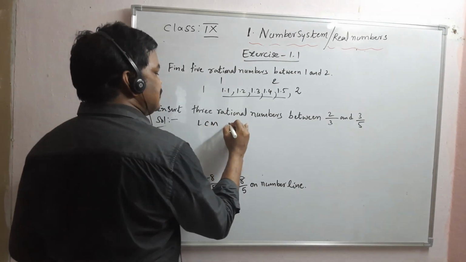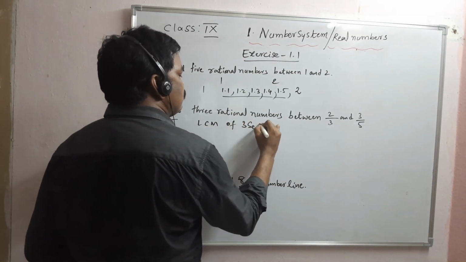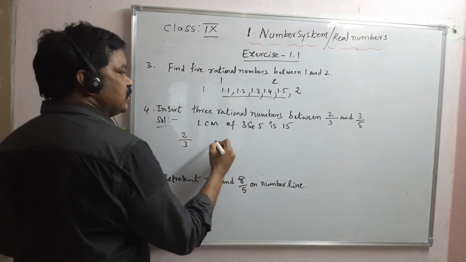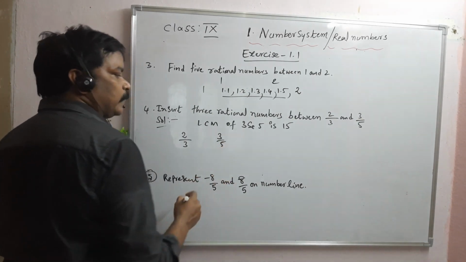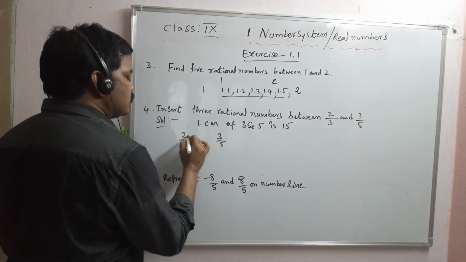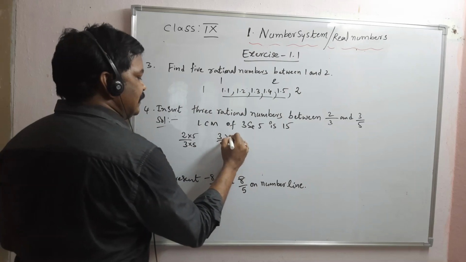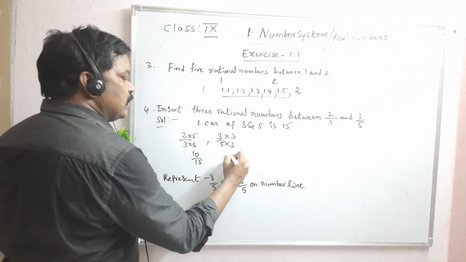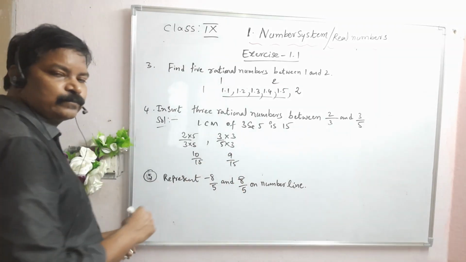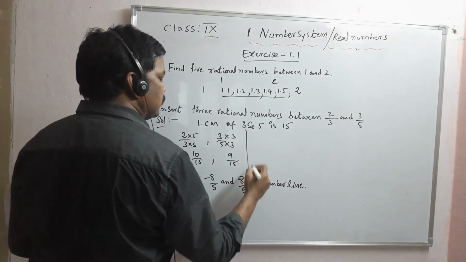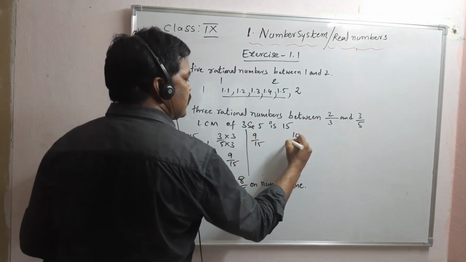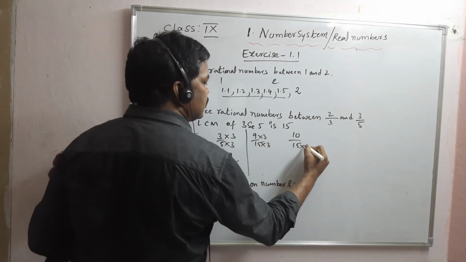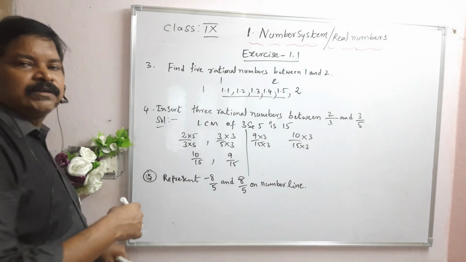We will find the LCM of 3 and 5, that is 15. So this 2 by 3, 3 by 5, we change into like fractions, that means 10 by 15 and 9 by 15. Just I am multiplying with 3 here, both numerator and denominator for both the fractions.